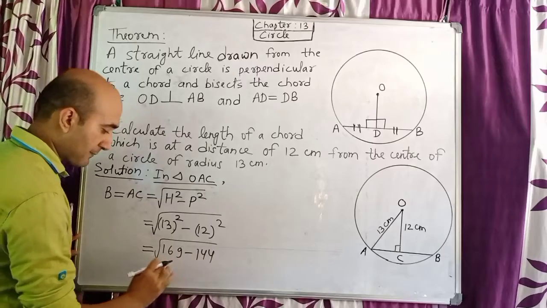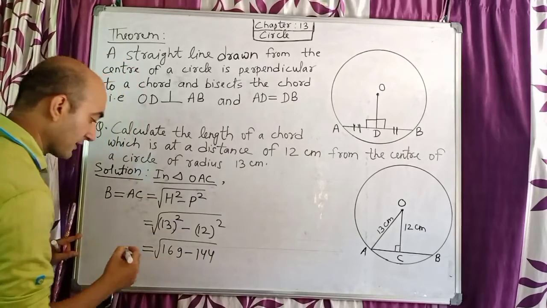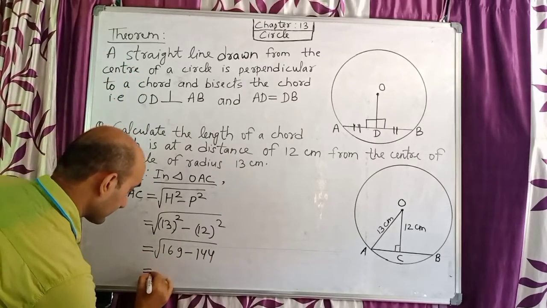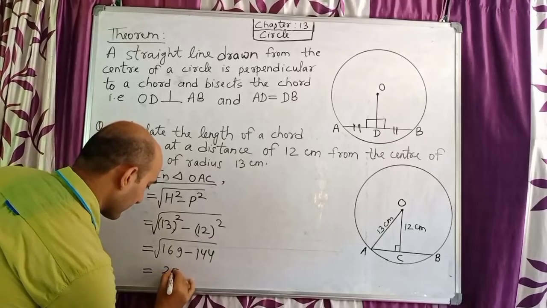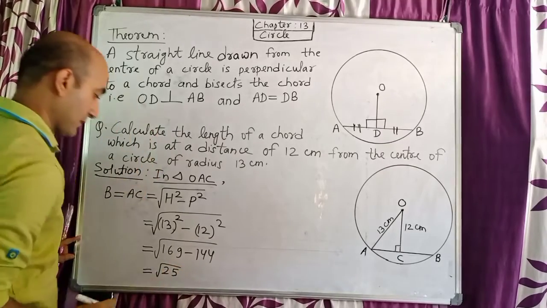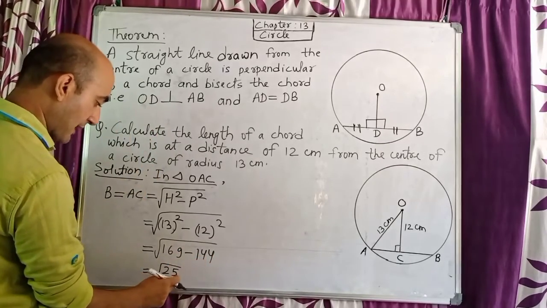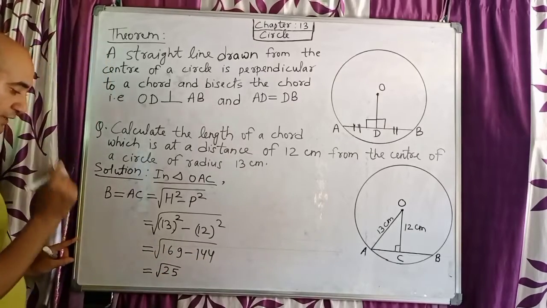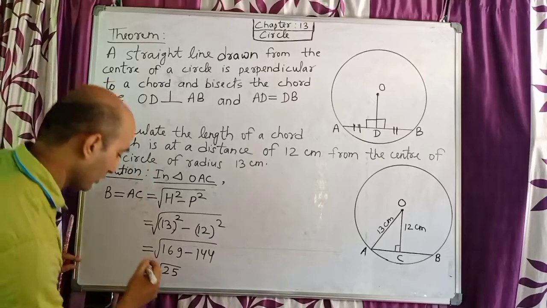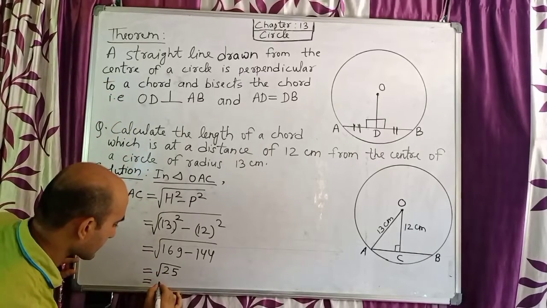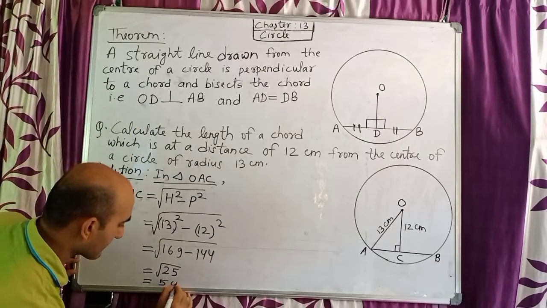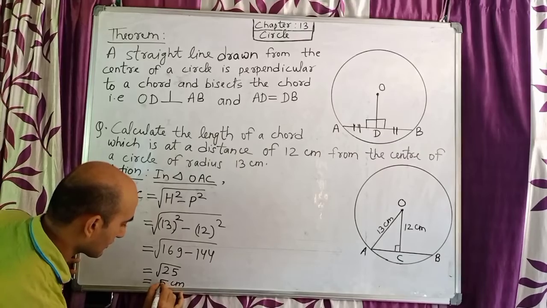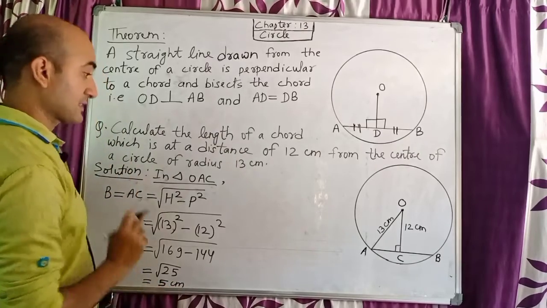If you subtract both of these, then my result will be 25. Because 9 minus 4 is 5, 6 minus 4 is 2, and 1 minus 1 is 0. So root 25 can be written as 5 centimeter, because root 25 is 5.